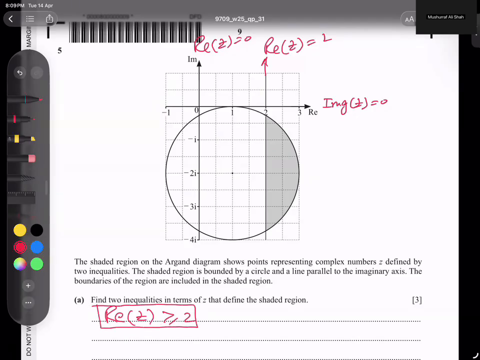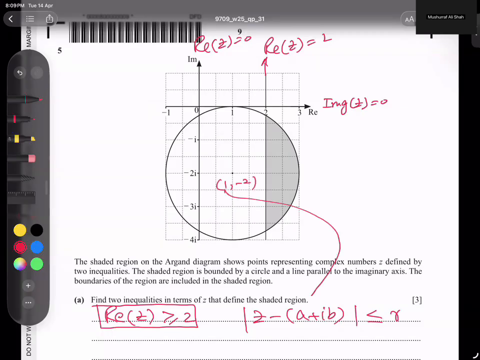Now he's asking for the second one. So we have a circle, and the circle formula, you know it very well, modulus of Z minus (A plus iota B) less than or equal to radius. So what are A and B? Basically the center of the circle. What is the center of the circle here? So the coordinates are x is 1 and y is -2.